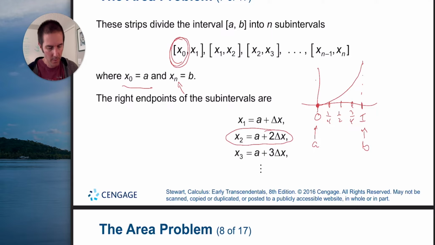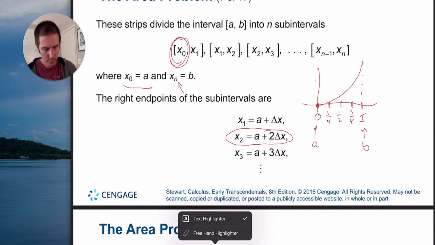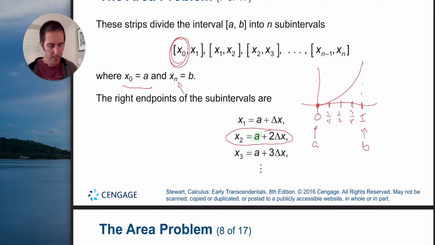If I start at the beginning, at my A value, and then I add 2 rectangle widths, or delta x's, then I would move from A over 1 delta x, over 2 delta x's, and I would be here at x sub 2, my second x value. Second x value, first x value, 0th x value.